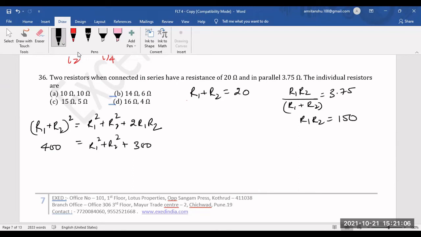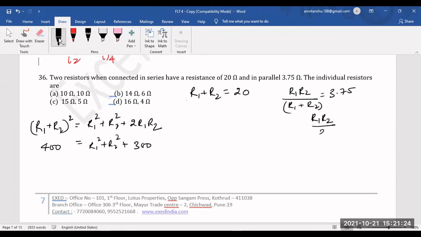I'm sorry, R1 R2 is not 150. It will come out to be 75. You can check it. When you put the value of R1 R2 upon 20 as 3.75, R1 R2 is 75. Do check it in case you haven't understood this.